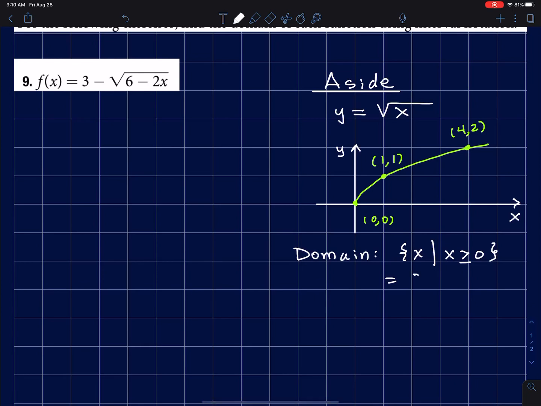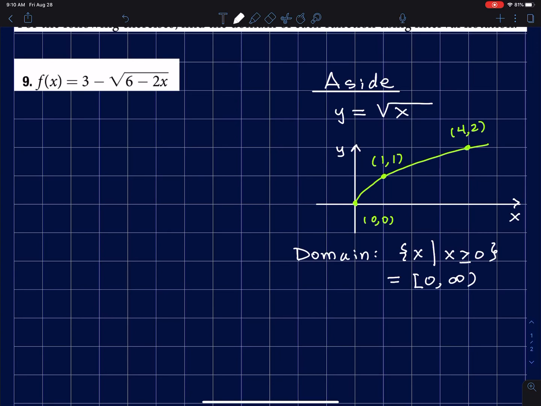So in interval notation, I use the square bracket, 0, comma, infinity. That's the picture. Then think about square root of negative 1, that's not a real number. Square root of negative 4, not a real number. So looking at real numbers, the domain is x greater or equal to 0. Those are the values for x which I can put in, any non-negative real number.